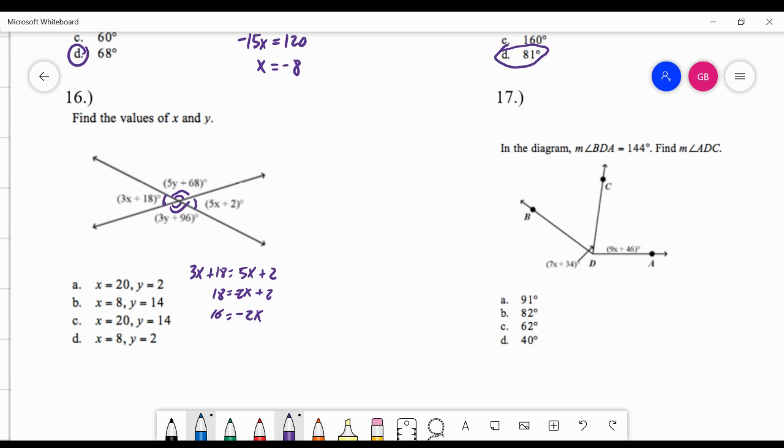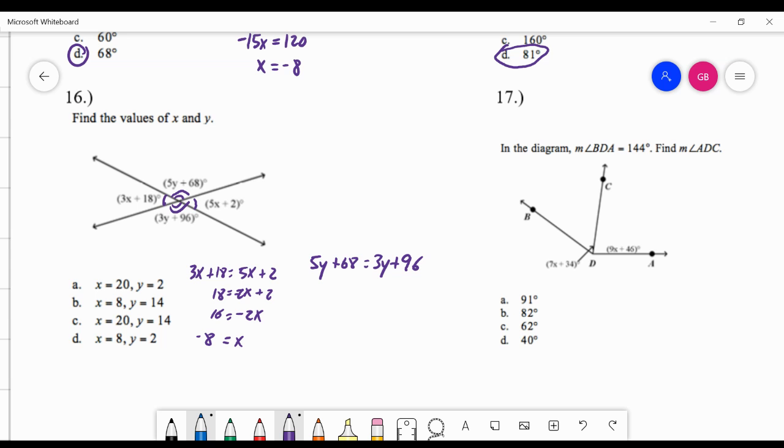And then divide by negative 2, so x is negative 8. Okay, and then for the y, 5y plus 68 is equal to 3y plus 96.